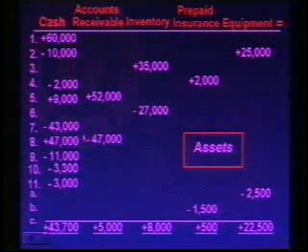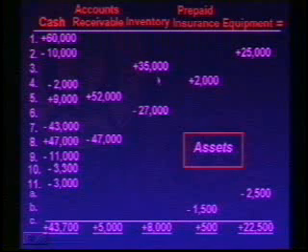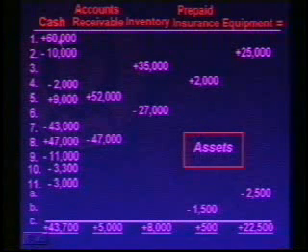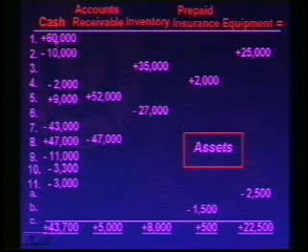On your page 12, all I show here on the computer screen are the assets. If you go down the cash column, let's remember what went on. The $60,000 was when we started the firm. People put in money as common stock.